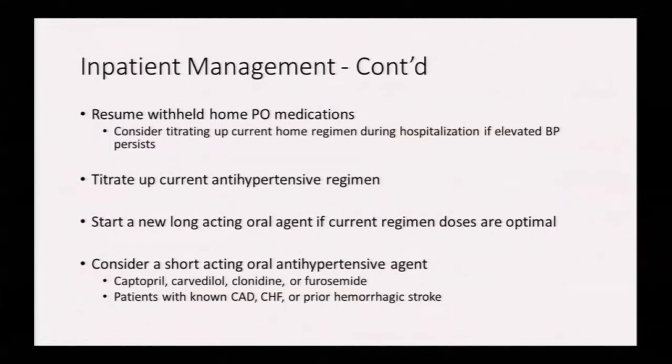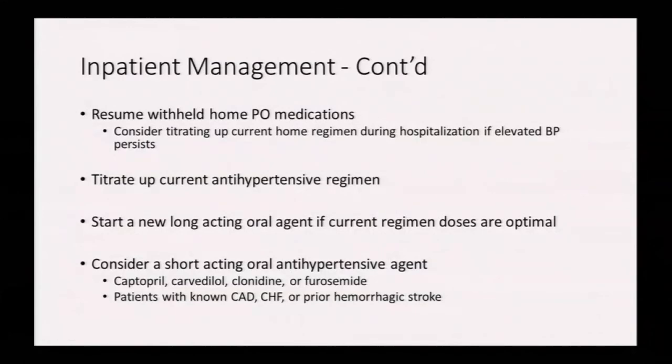So the bottom point here is treat this elevated blood pressure in the inpatient setting just like you treat hypertension normally. You have a patient with uncontrolled blood pressure, then probably titrate up their medications, start them on a new appropriate medication. Any of these options is fine.